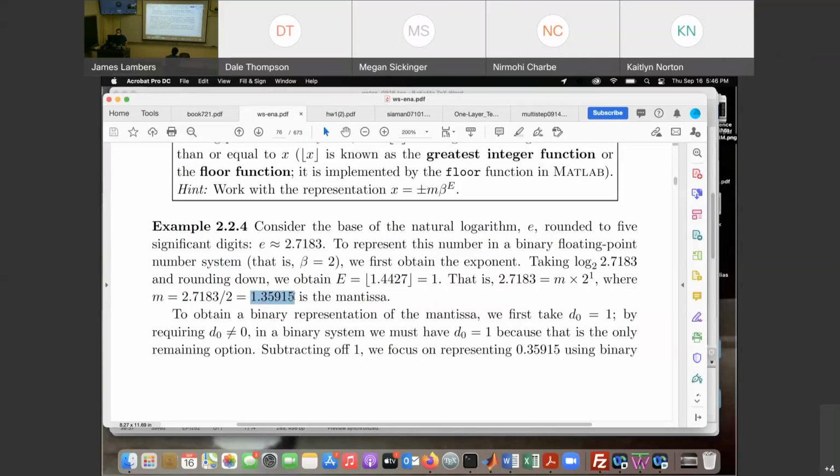So this, at least the 5 decimal places that are shown here, is the value of the mantissa. Now I need to represent this number in binary. To the left of the decimal point, we have a 1. So the first digit in the mantissa will be 1.